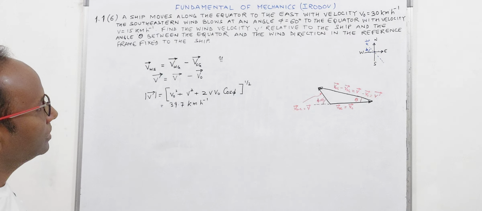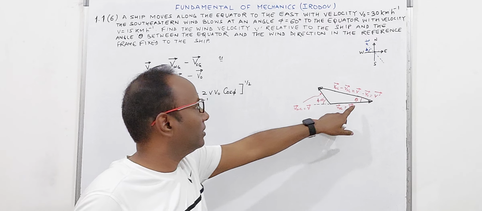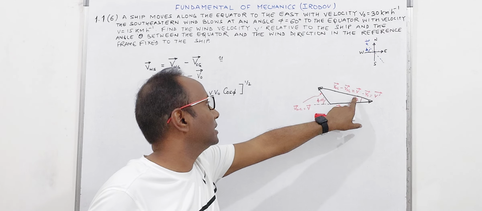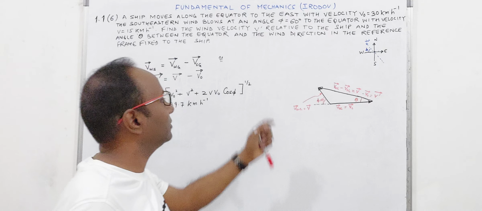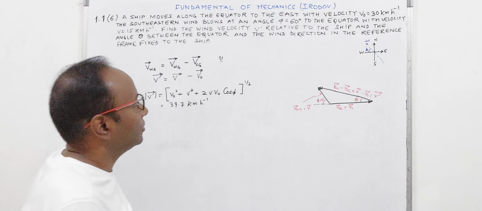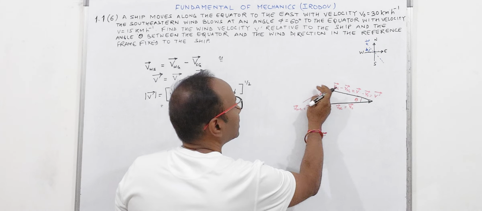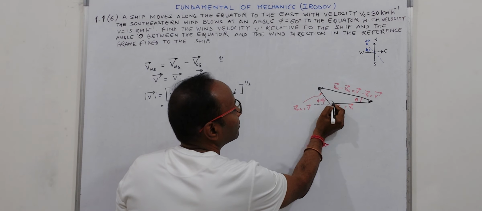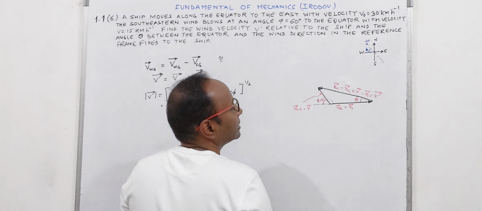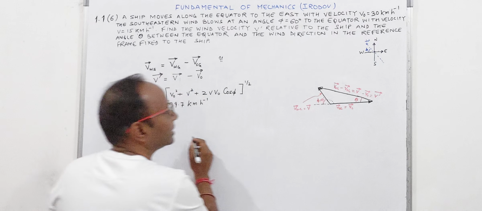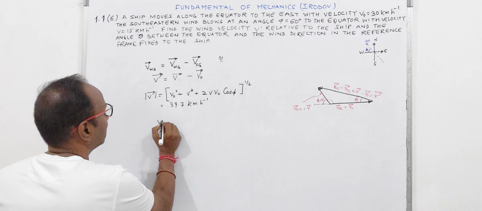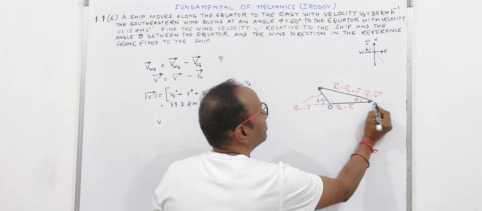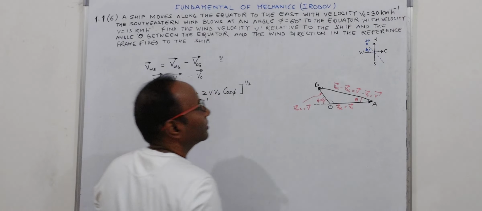Now how are you going to deduce this theta from the information? If you see in this triangle, this side divided by the sine of this angle. For convenience I am writing OAB.